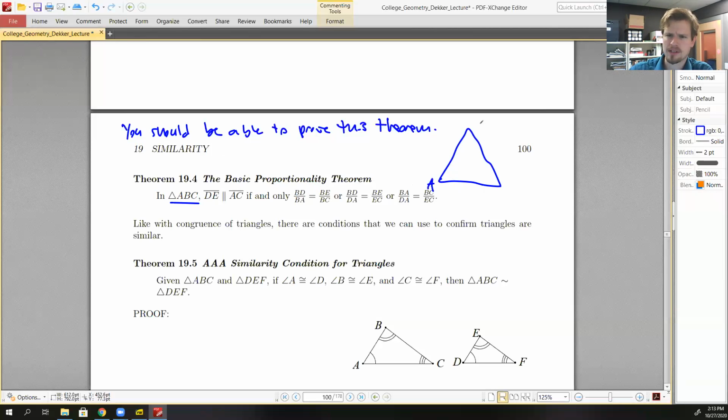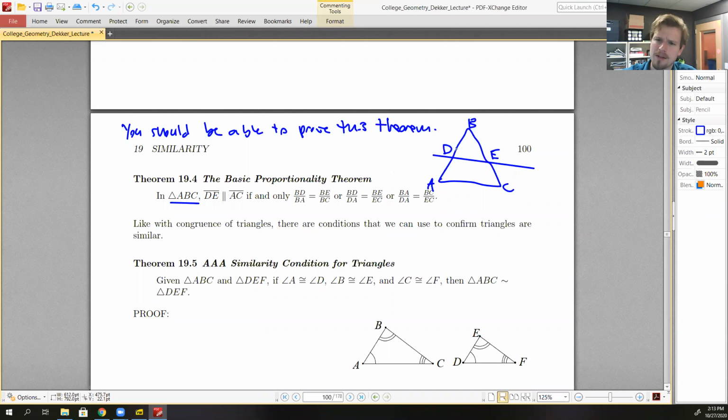Well, we're talking about, again, triangle ABC, and we have some line, say the points of intersection here are D and E. This line is parallel to that line if and only if we have that the side lengths of this triangle and this triangle are proportional. So this side length to the overall side length is equal to this side length to this side length, right? That's what this is saying.